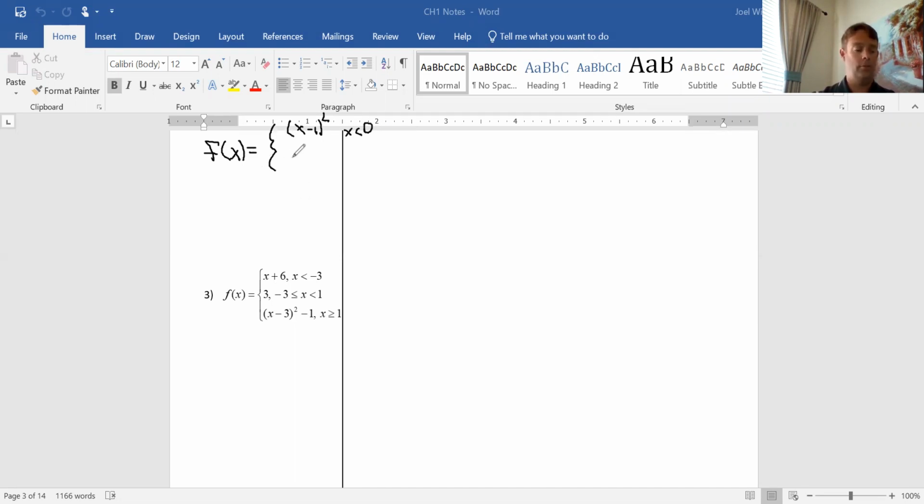And x minus 2. So when you're dealing with these, the first thing you want to look at here is that these are two different functions. So our first function we have here is the function y equals x minus 1 squared.